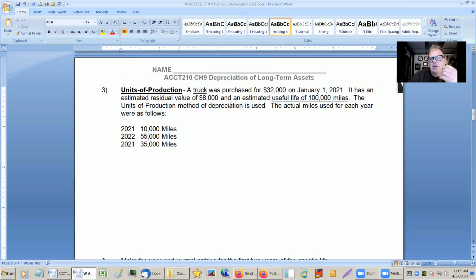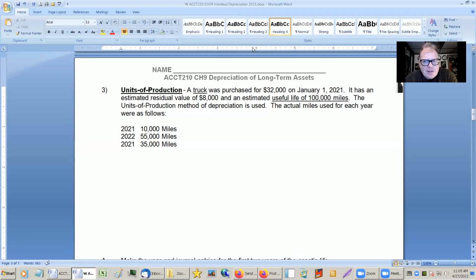The idea being that you may not use the truck the same every year. For instance, if the truck is a snow plow, some years, like this year, we get clobbered. Some years you hardly get any. To depreciate it in years where you might use it hardly any in some years and a lot in others doesn't really make as much sense.